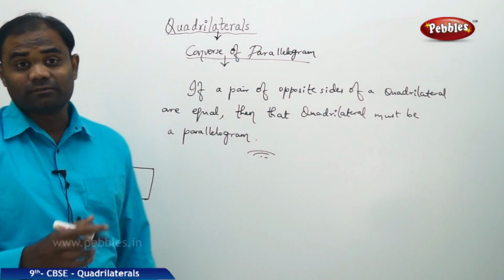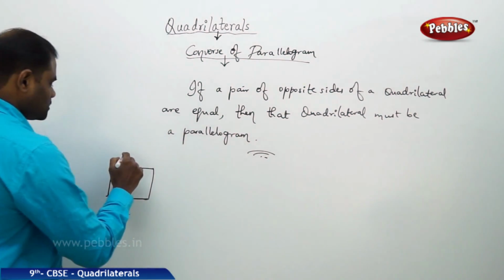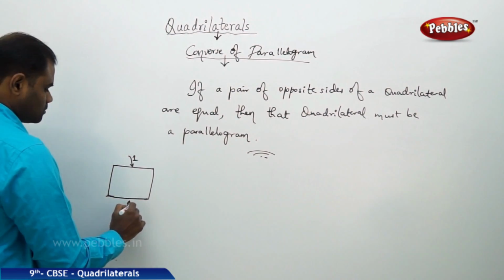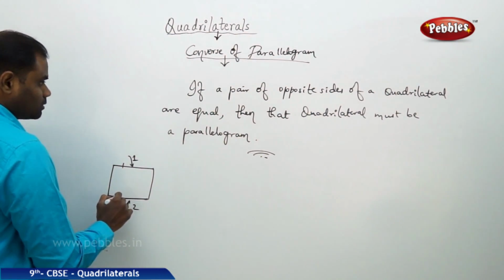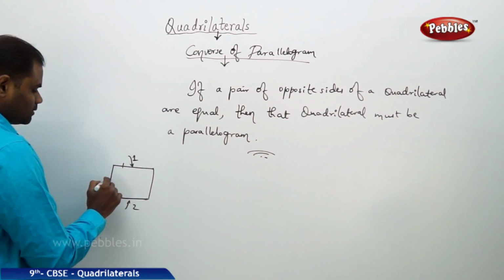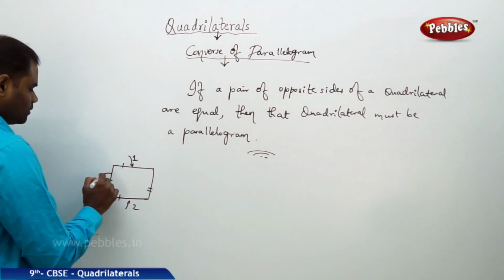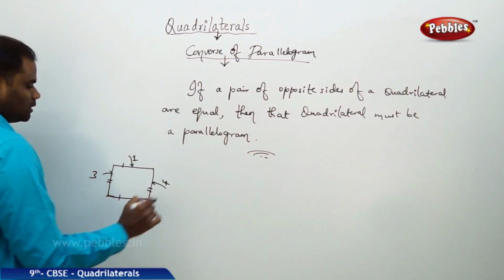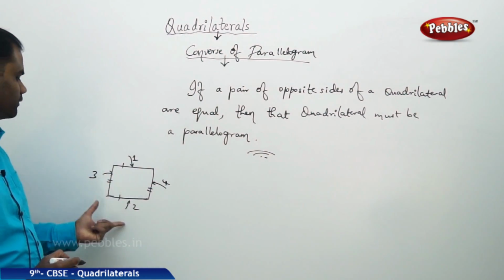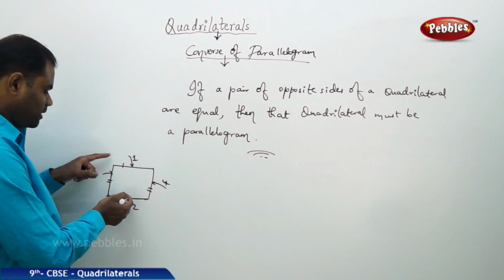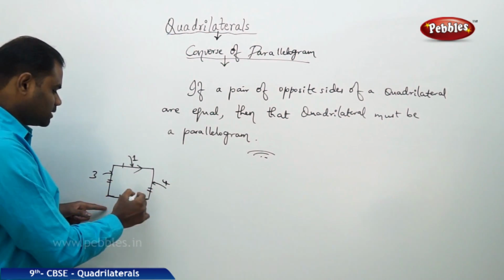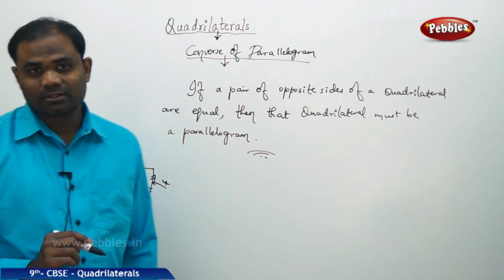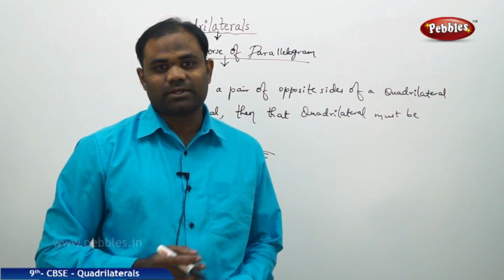So the four lines, these two being of equal length and these two being of equal length, give a closed figure in which the opposite pairs being equal makes them indirectly parallel.